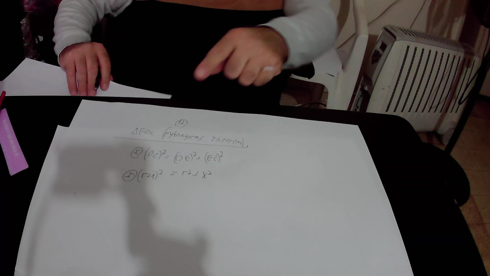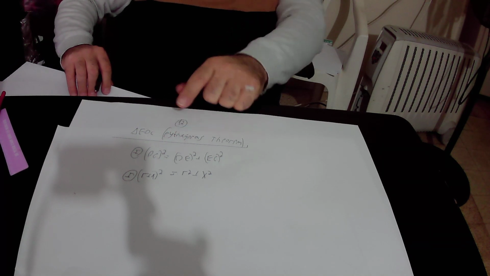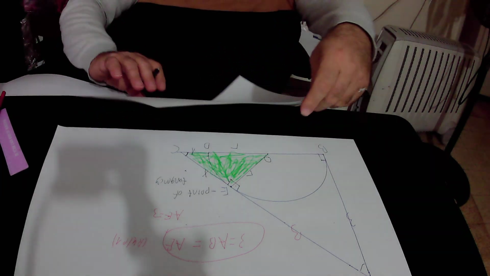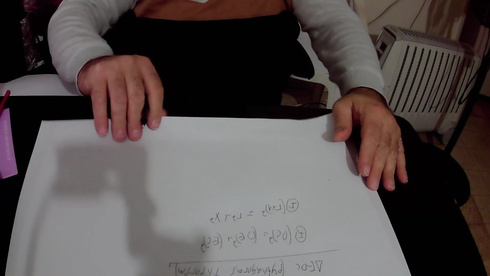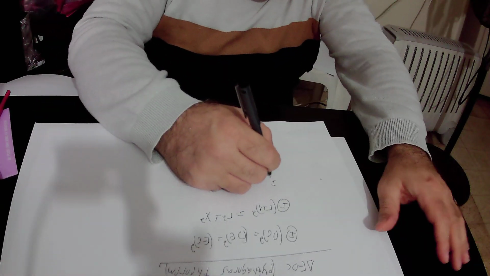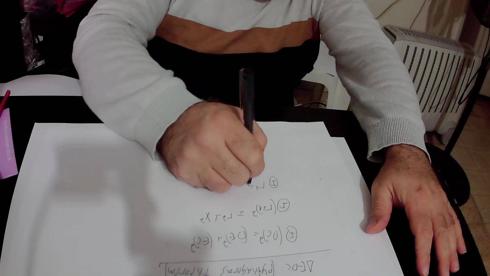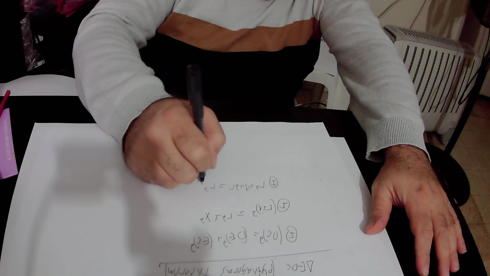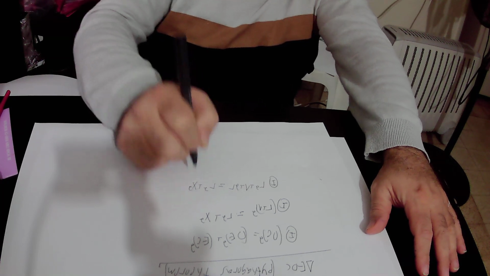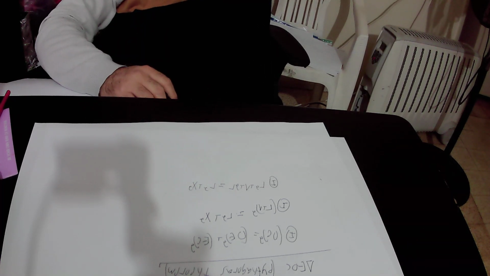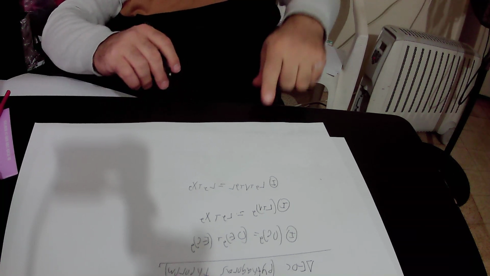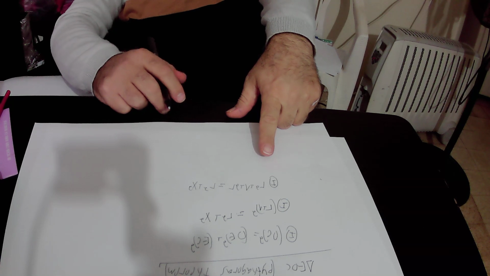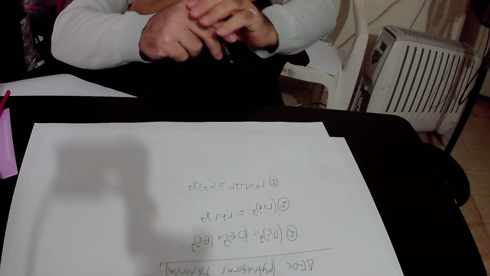Here we will open the brackets in equation number 1. Actually, R plus 1 squared equals R squared plus 1 plus 2R, and it equals R squared plus X squared. So we have R squared on this side of equation number 1, and we have R squared on the other side of equation number 1.